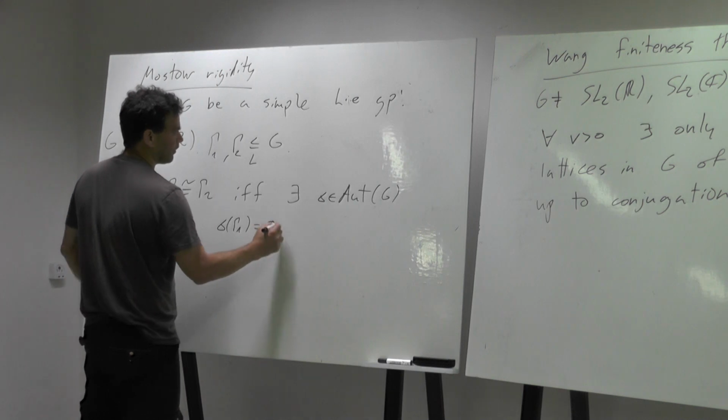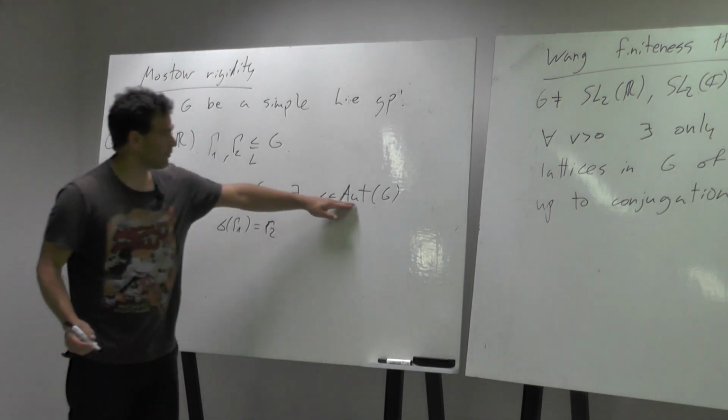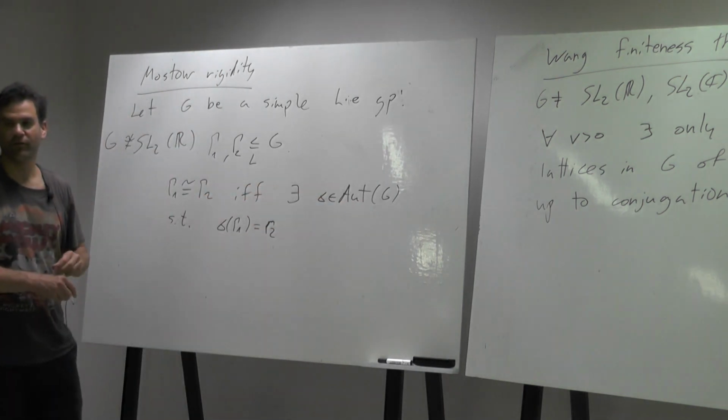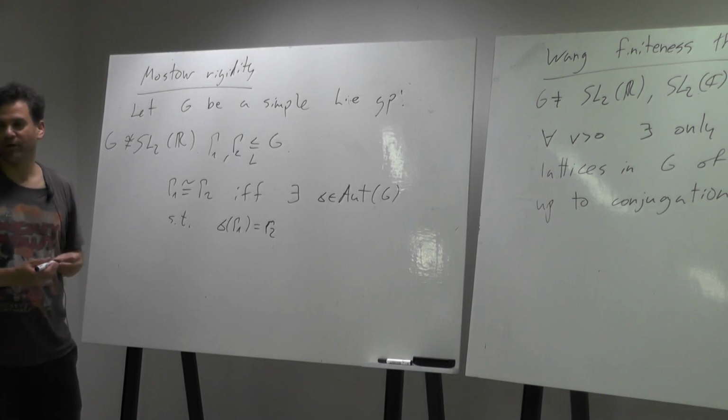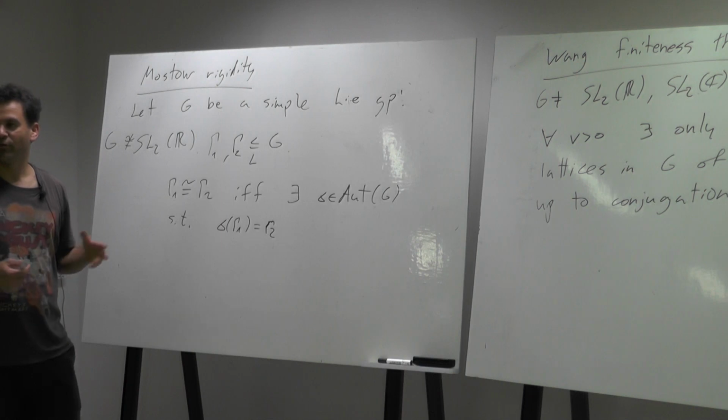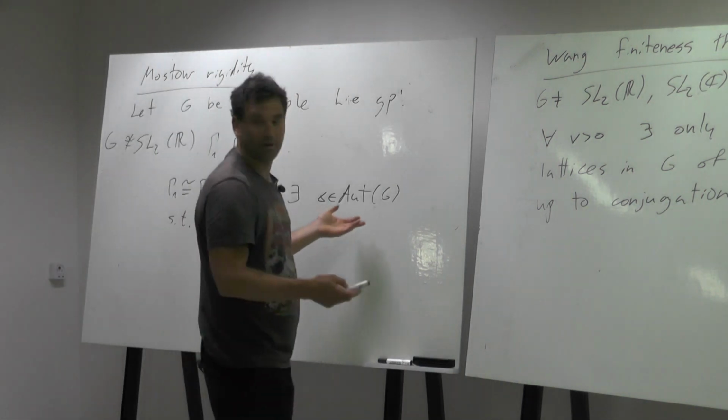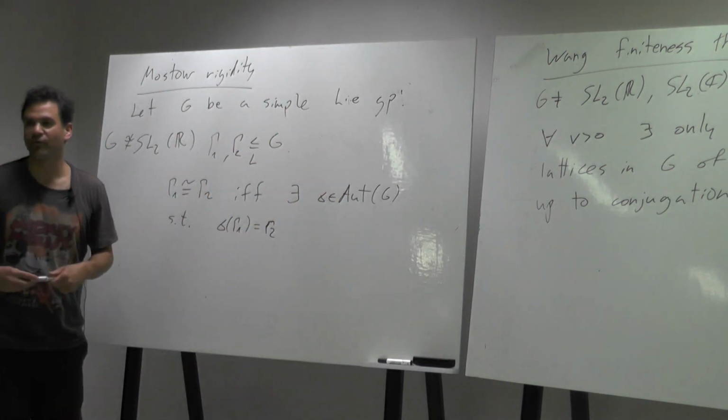Almost all, up to finite index, automorphisms of G are inner. So basically it says that gamma 1 and gamma 2 are conjugate. So two lattices which are isomorphic as abstract groups are conjugate.